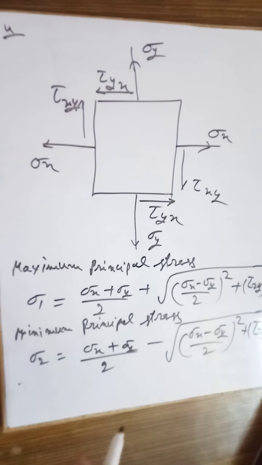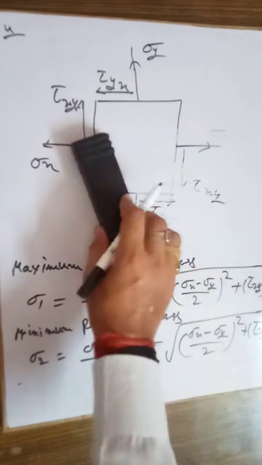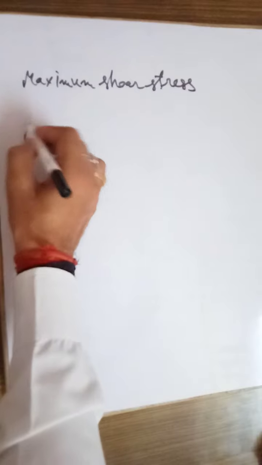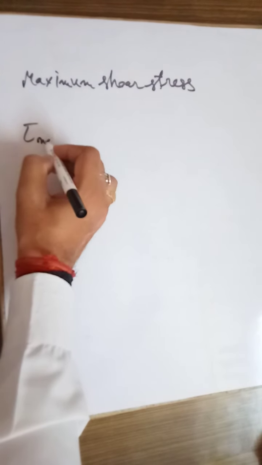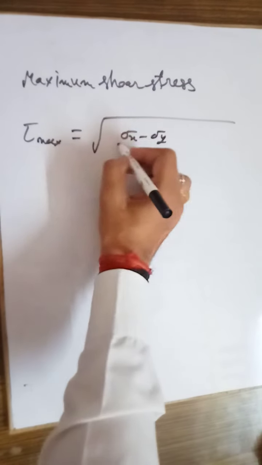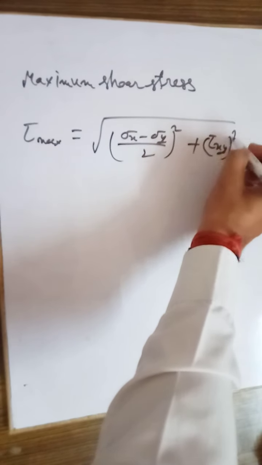Okay, so the maximum shear stress also can be calculated. So what will be the maximum shear stress? For the maximum shear stress, it can be represented by tau maximum, which is equal to the square root of sigma x minus sigma y by 2 whole square plus tau xy whole square.